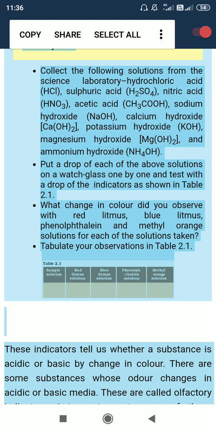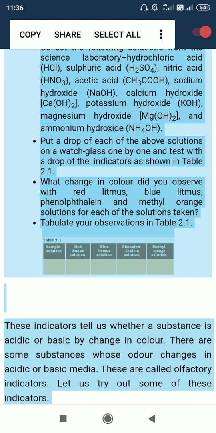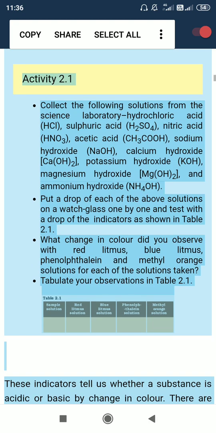Potassium hydroxide KOH, here also OH is present, so it is a base. Magnesium hydroxide Mg(OH)2 also has OH. And ammonium hydroxide NH4OH. All have OH, that's why these are bases. They can release OH minus ion in the aqueous solution. Okay, clear now, acid and base.